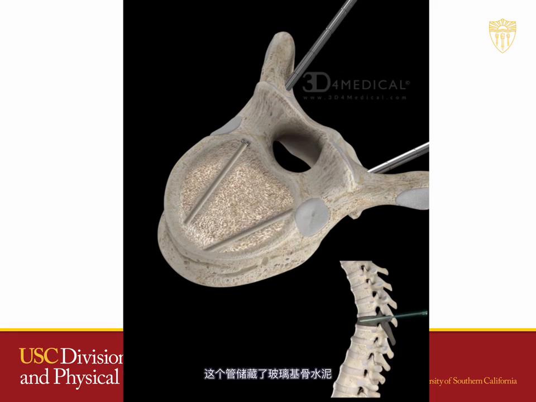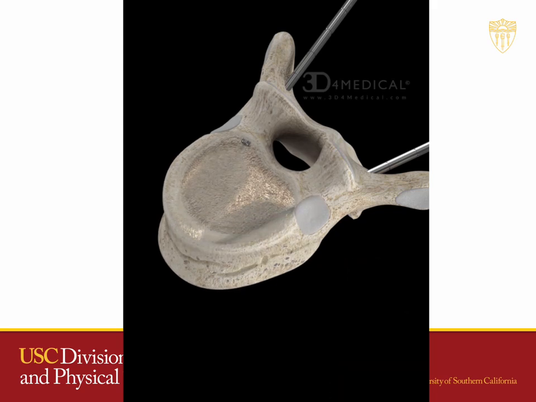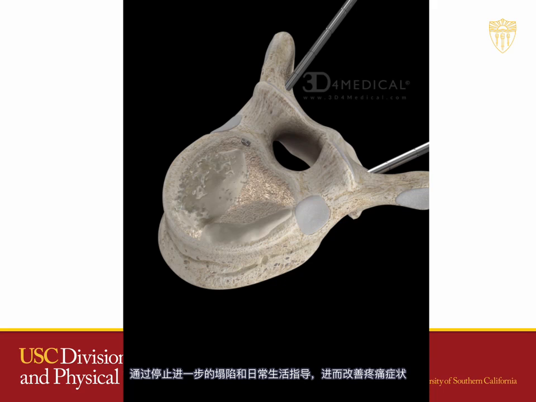This restores some height of the collapsed bone. Cement is then injected into the vertebral body to fill up the cavity left by the balloon to secure its structure and prevent it from collapsing again. By stopping further collapse and stabilizing the fracture, pain is improved.